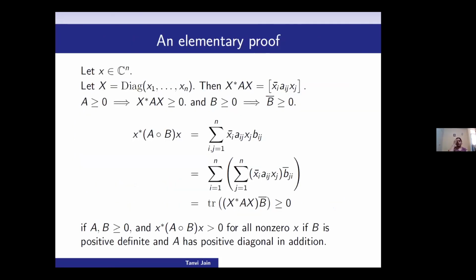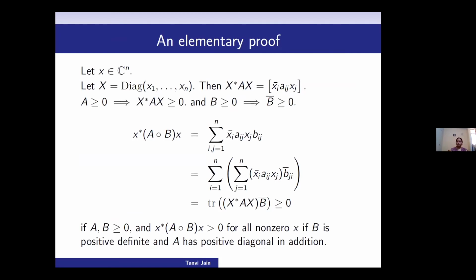So let's start with the proof. It's just a 2-3 line proof, and it's nice to have such an elementary proof of such a fundamental, important theorem. We are taking two matrices A and B, and A∘B.